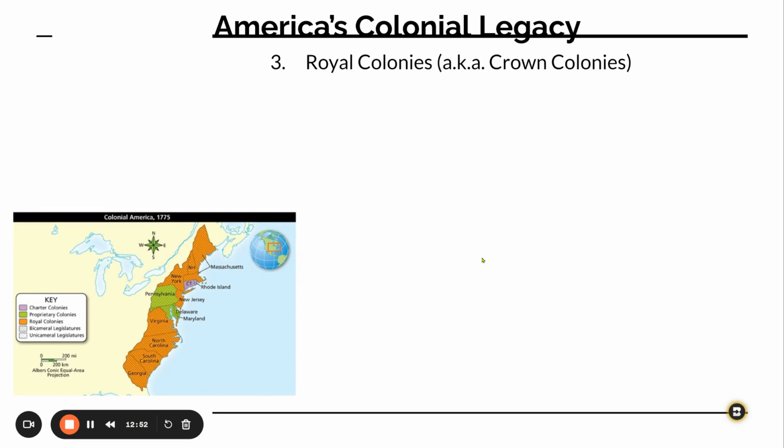The third type, and we will see is the most numerous, clearly the most numerous, were the royal or crown colonies. And both names mean the same thing. I more often see the label crown colonies than royal colonies.